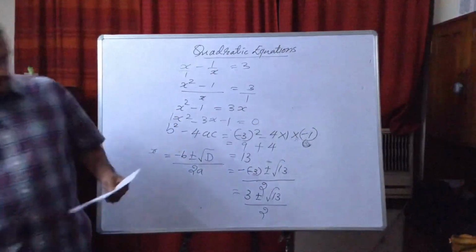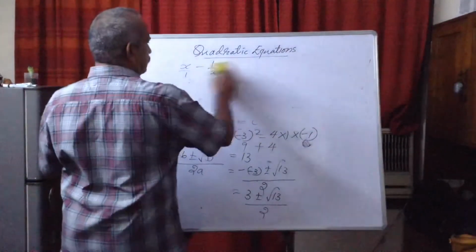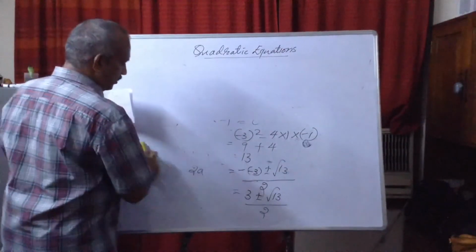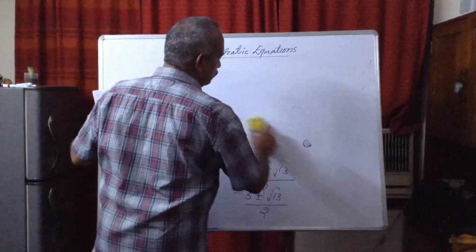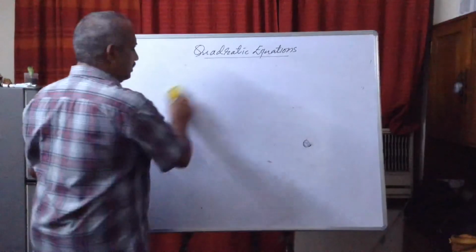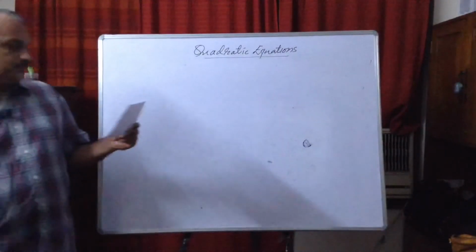Now, you should know how to find roots of a quadratic equation by factorization or by using the quadratic formula. Maybe one question can be there, not more than that. Now one more simple type of question is there.